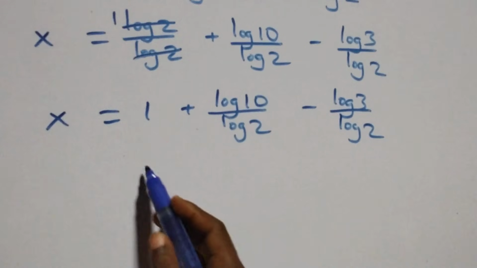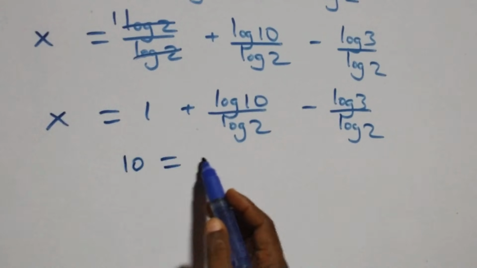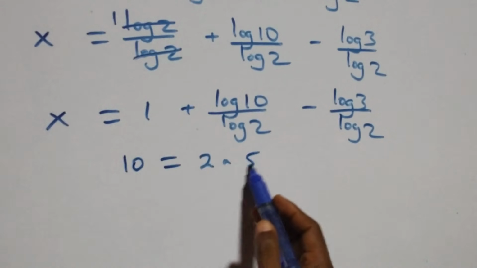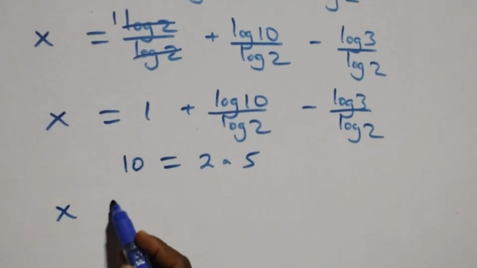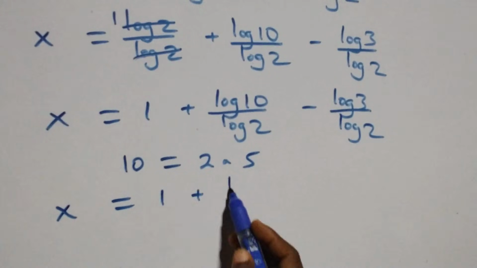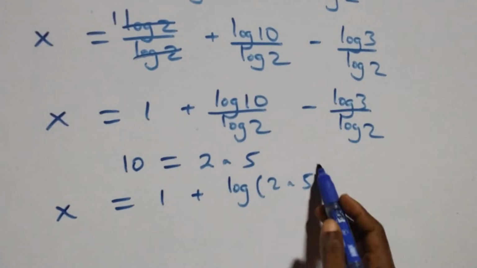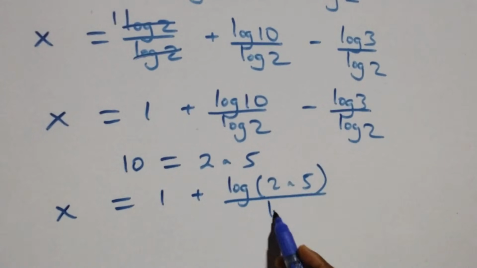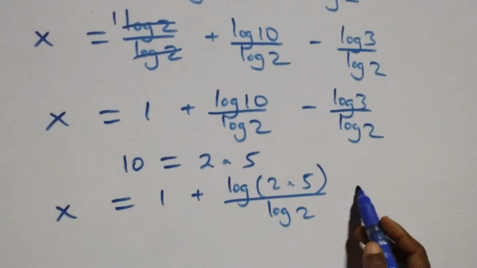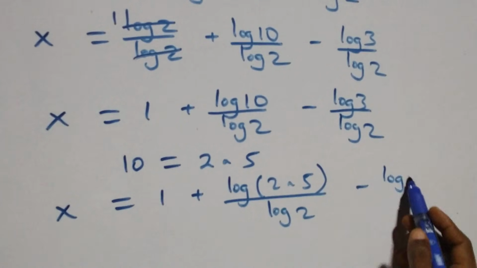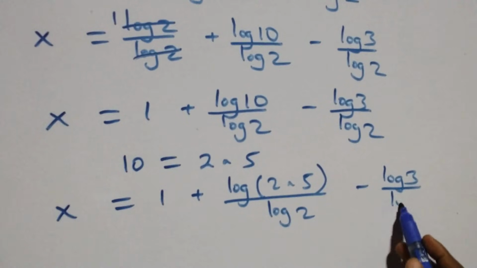And also from here, we can write 10 as 2 times 5. What we have becomes x equals 1 plus log 2 times 5 over log 2 minus log 3 over log 2.